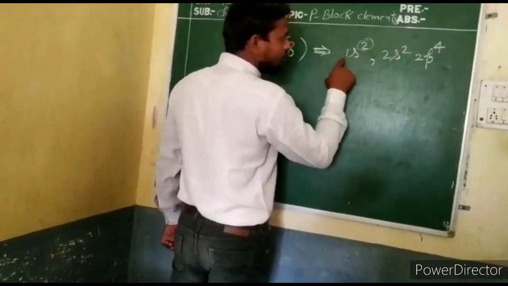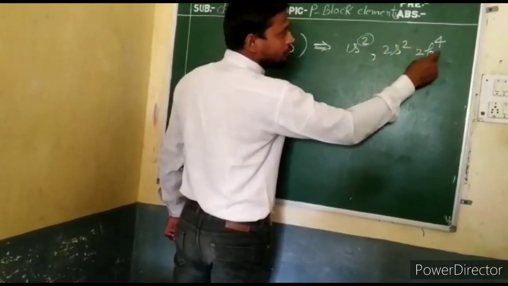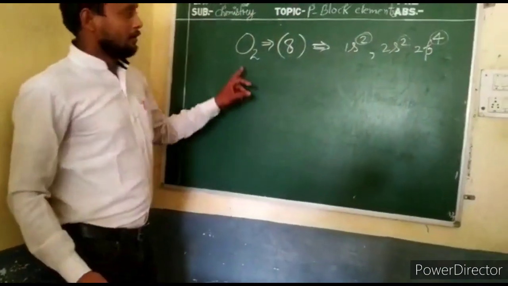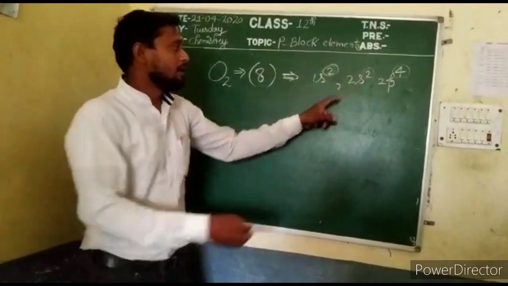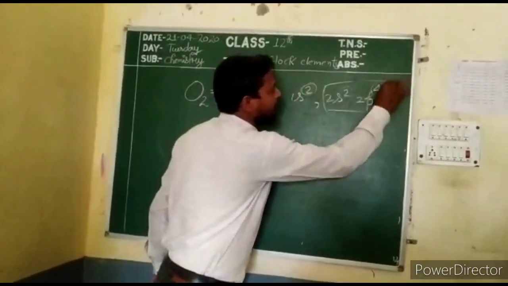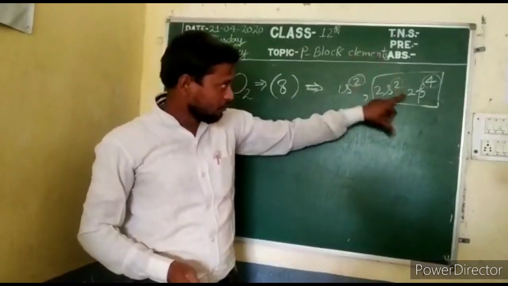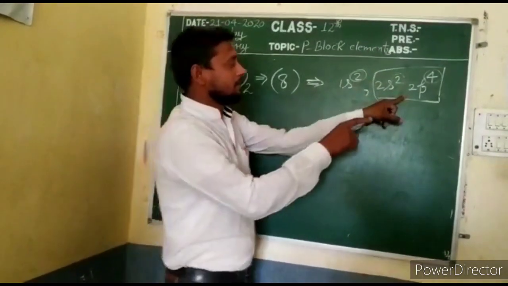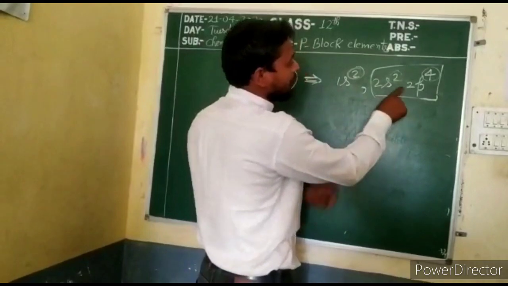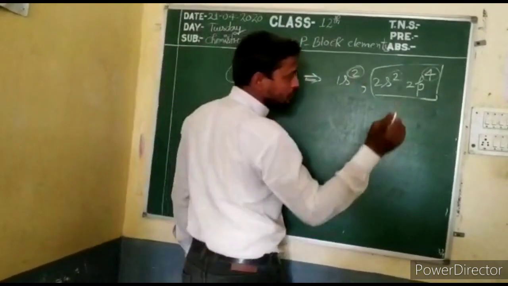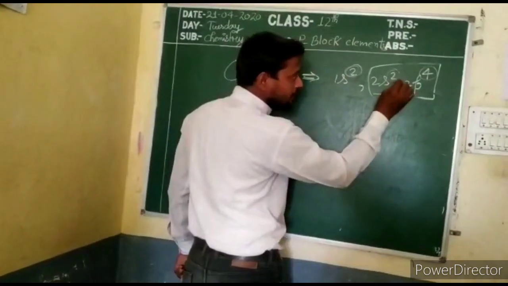Here 1s2, 2s2 and 2p4 are the number of electrons which occur in these subshells. These are the formula of the last orbit of the oxygen atom. Here you can see this.